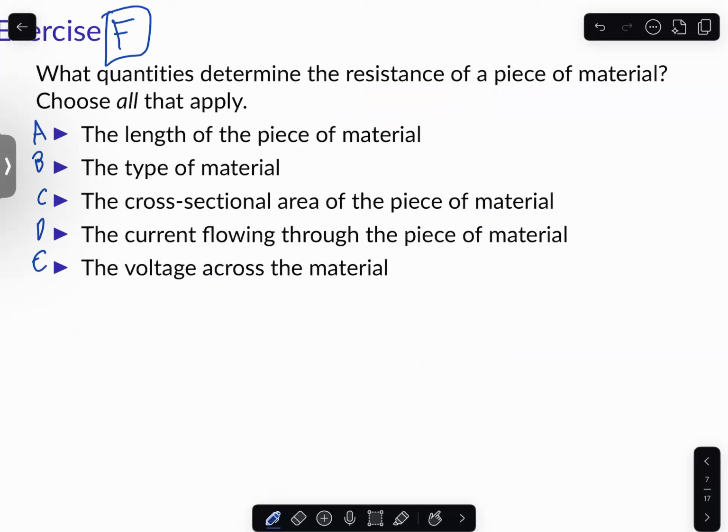If you think the length of the piece of material is part of what determines the resistance, put A. If you think the length and the type, put A, B. Please do not type out the full sentences. That's tedious for me to look at. You can separate with commas if you wish. I'm not going to care about that.